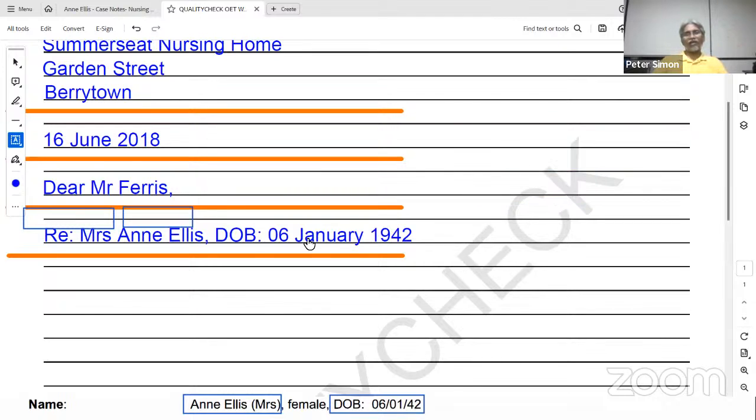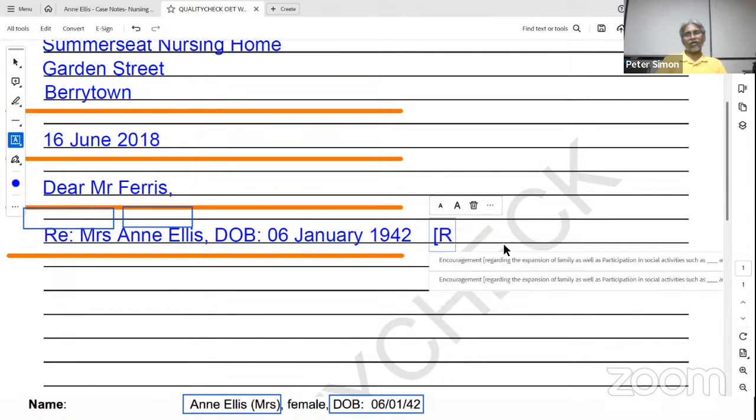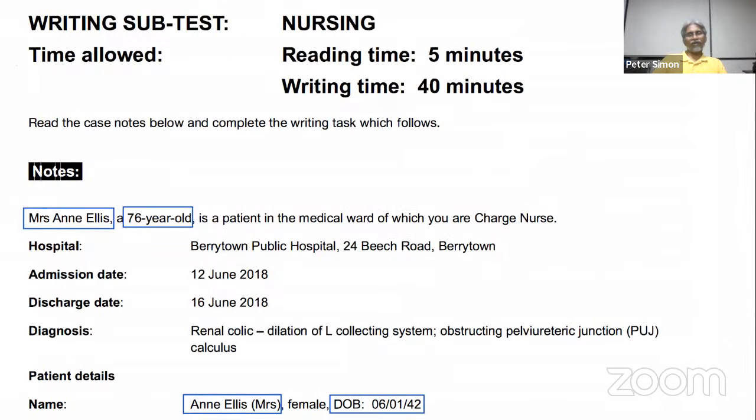For example, alternate method. If date of birth is not given, then how will you write? I'm putting it in brackets. Then you will write like this: Regarding Mrs. Annie Ellis, comma, aged 76.